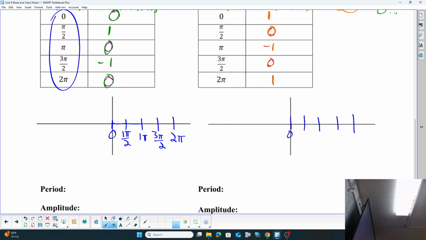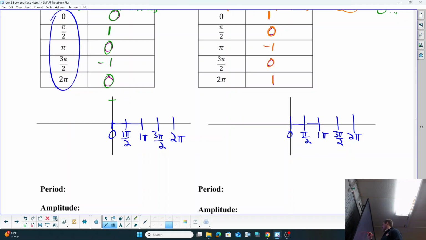So 0, 2 pi, cut that in half, that's 1 pi. Cut that in half, that's pi over 2. Then we count 1 pi over 2, 2 pi over 2, 3 pi over 2. There it is. Nice.